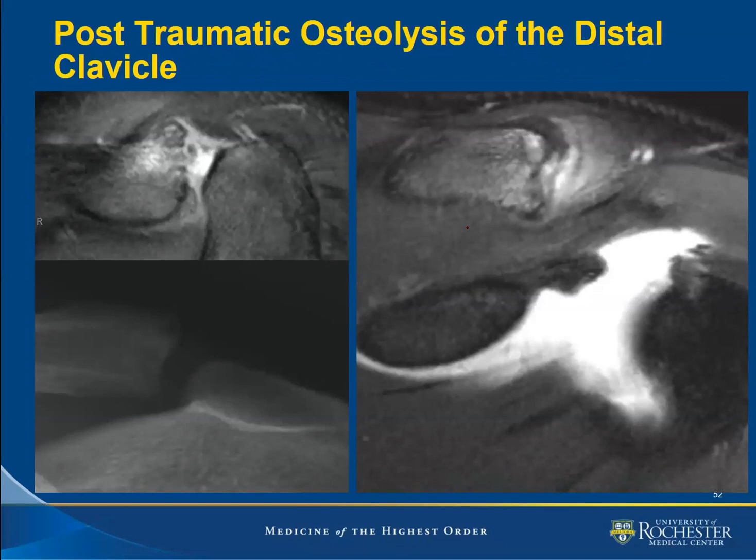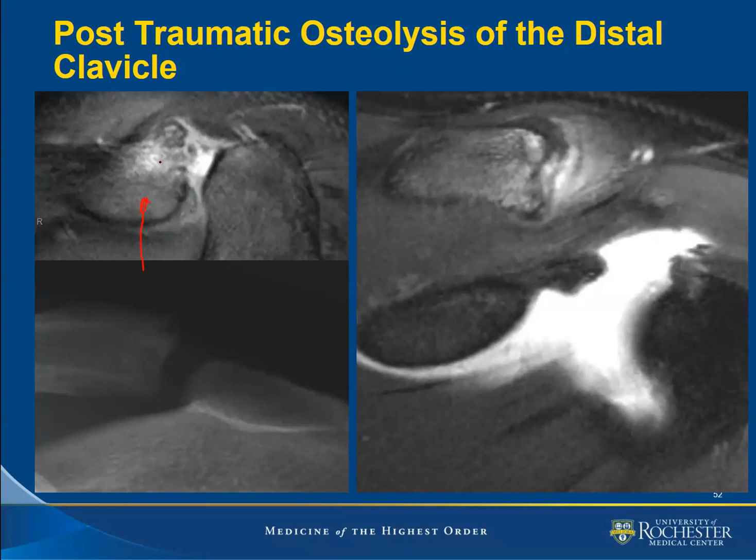Similarly, because we're dealing with a patient population that does a lot of weightlifting, who often get these SLAP tears, the clinician might order a shoulder arthrogram looking for a SLAP tear, and then incidentally you might discover that at the AC joint you have asymmetric edema involving the distal clavicle with subtle erosions of the distal clavicle along the lateral margin, subtly apparent on the radiograph, which is referred to as post-traumatic osteolysis of the distal clavicle, or a weightlifter's osteolysis of the distal clavicle.